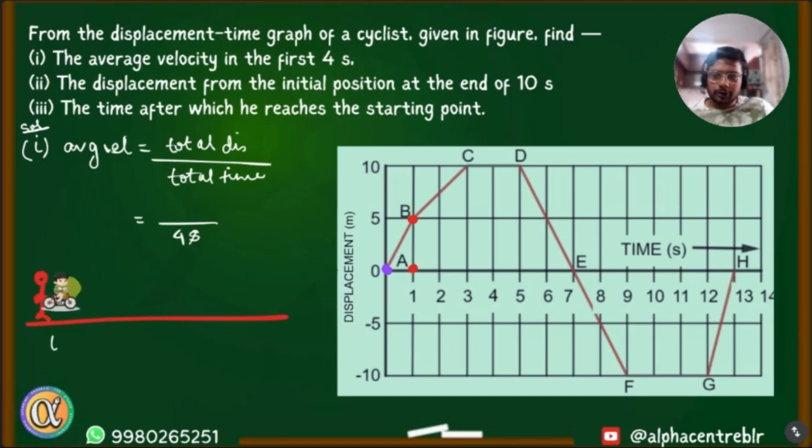Now, at t equals 1 second, it reaches here. It reaches a distance of how much? 5 meters from the starting point. So on the distance scale, this is 0 meters, this is 5 meters from the starting. Clear?